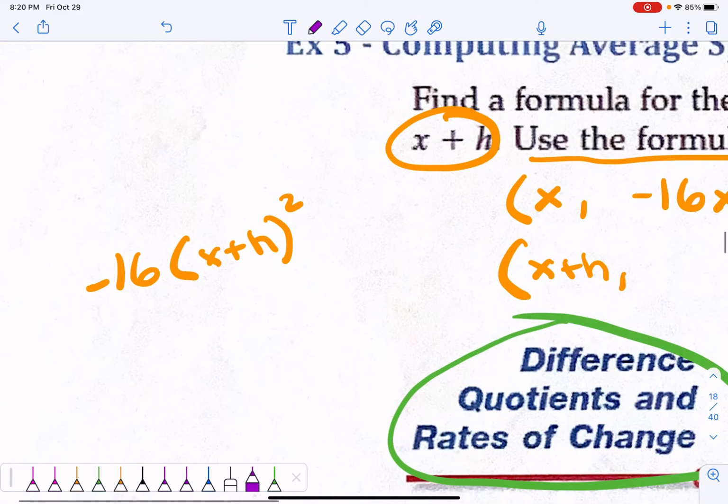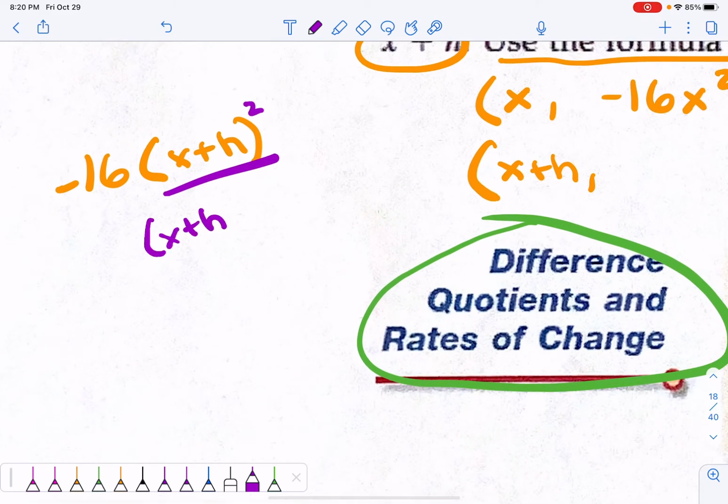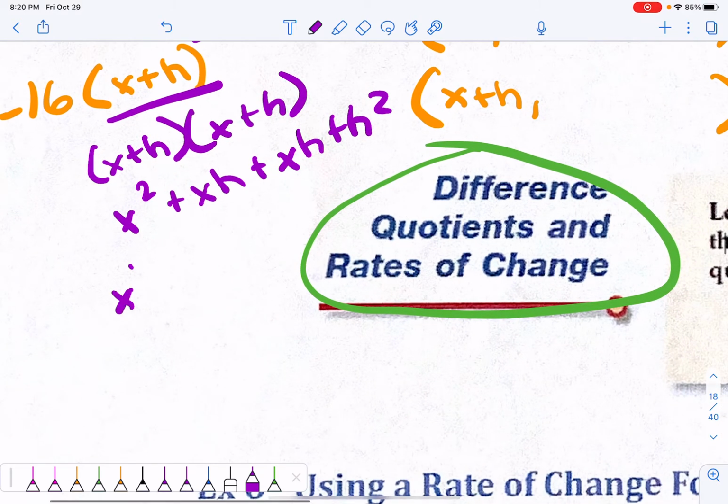So what we need to do is FOIL this guy right here. We have x plus h times x plus h, and that is x squared plus xh plus another xh plus h squared. Or it is x squared plus 2xh plus h squared.